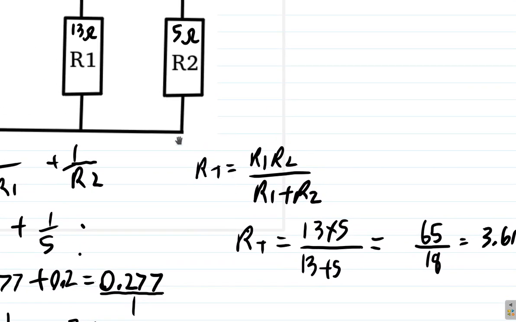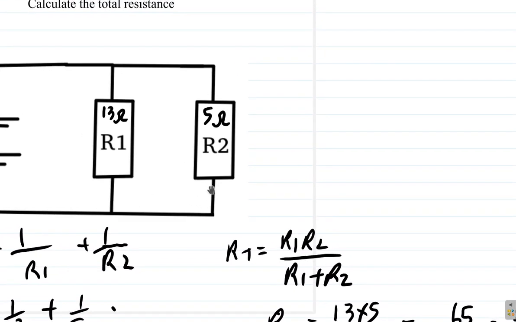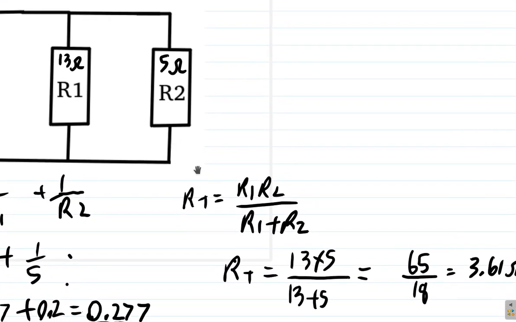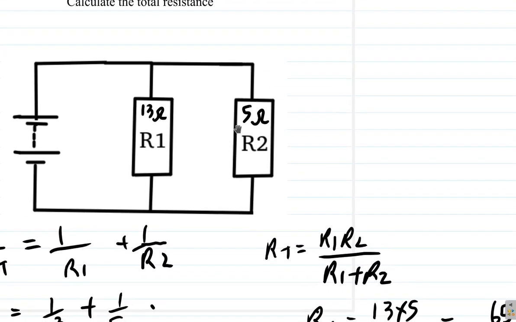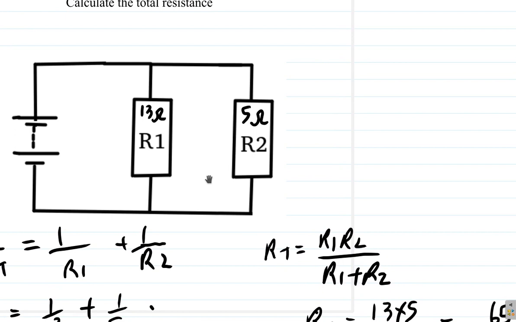Now here, you will notice that the 3.61 is smaller than the smaller resistance here. In fact, when you have resistances in parallel, the total resistance will be smaller than the smallest individual resistance. Because what happens? If you have 5 ohms, it means current can flow down here through the 5 ohms.